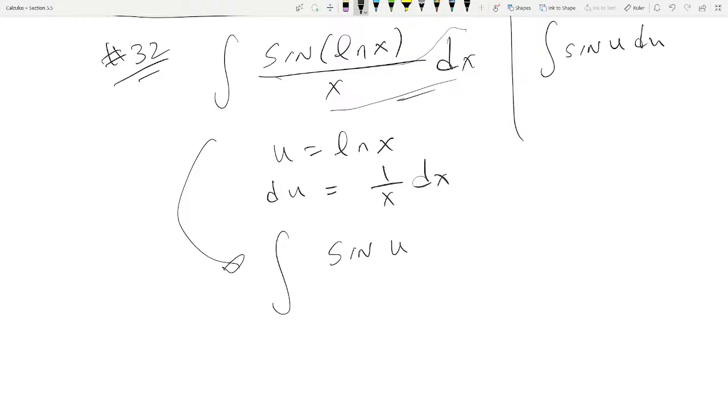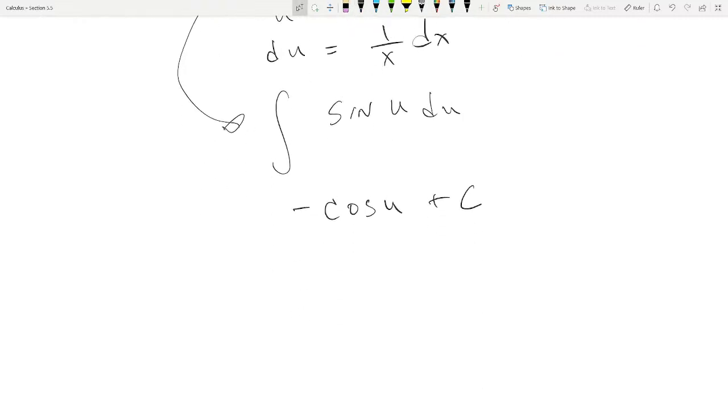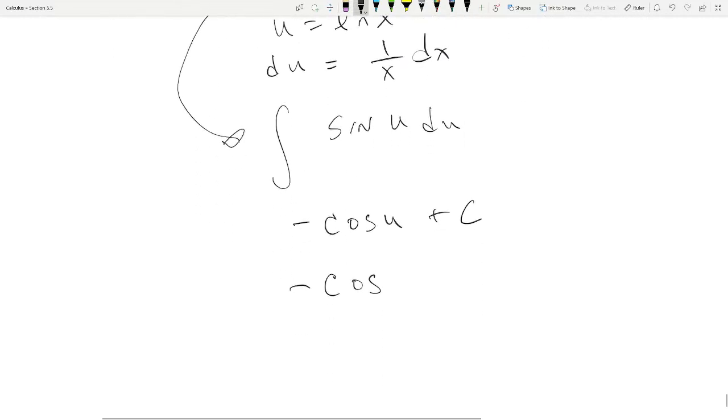And then again, this dx over x, or 1 over x times dx, that's equal to du. The antiderivative of sine u is minus cosine u. And then we put back the u in terms of x, which was ln x.